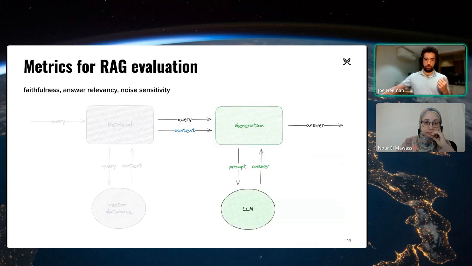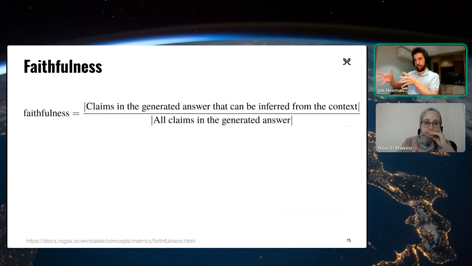So let's talk about RAG evaluation, right? Let's talk about evaluating the generation step, because we've already talked about evaluating the retrieval step. For evaluating the generation step, there are, again, a number of metrics that people use. Some of the most useful ones, I think, are faithfulness, which tries to measure whether the answer that the RAG gave is factually supported by the context that was given to the RAG.